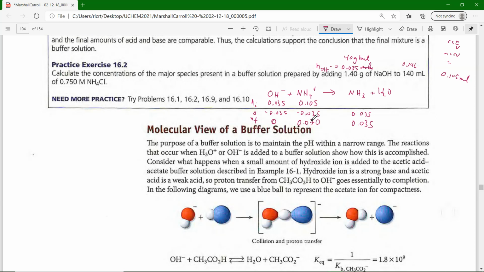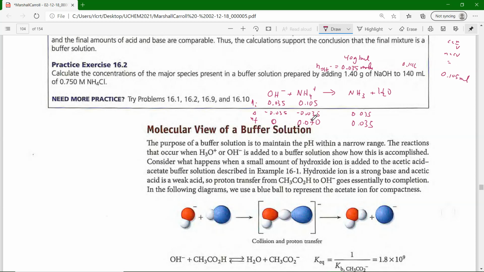Am I looking at the wrong question altogether? Practice exercise 16.2. What have I done wrong? NH4 plus is 0.5. Oh, interesting. I'm looking at moles, right? I have to be looking at concentrations, not moles, but concentrations.